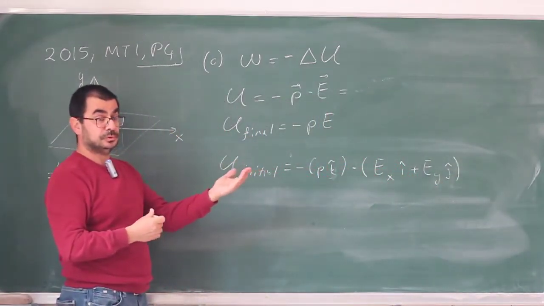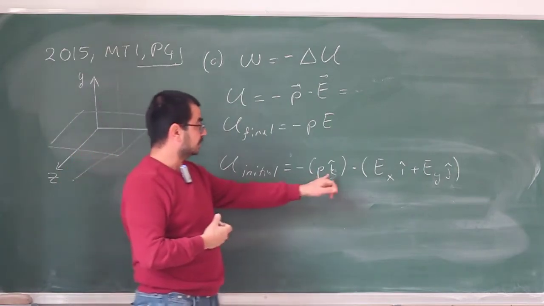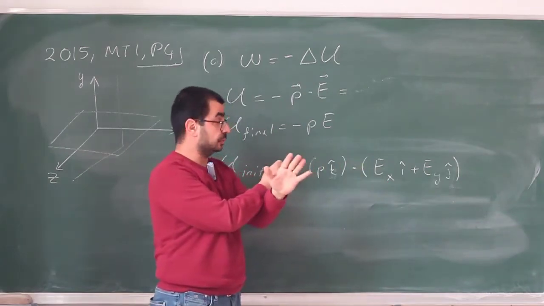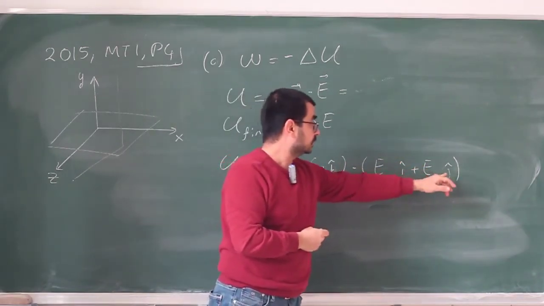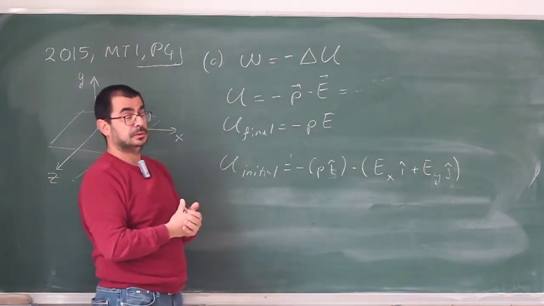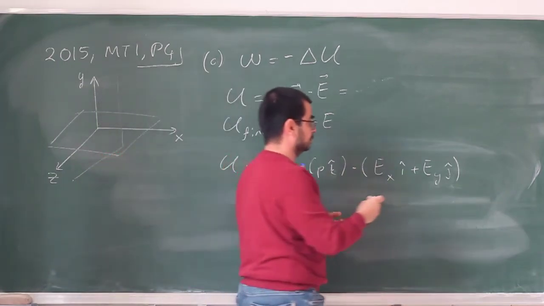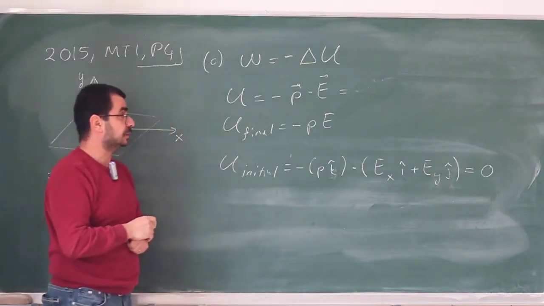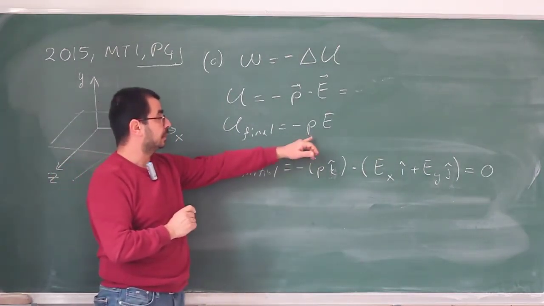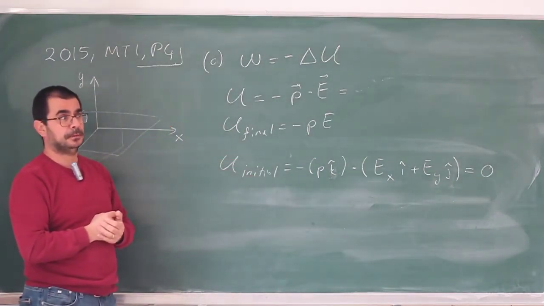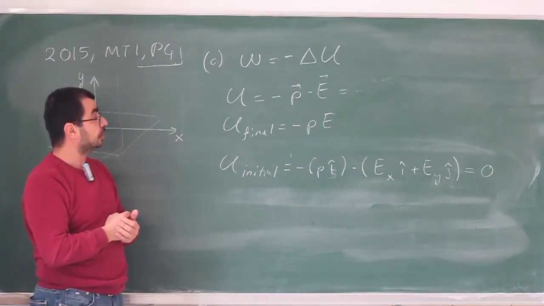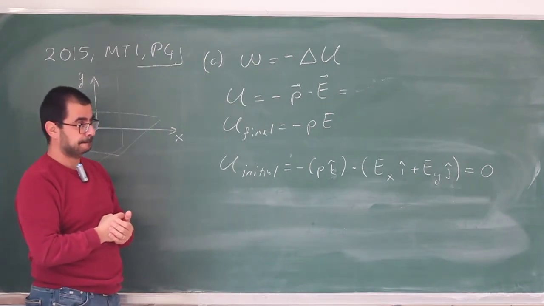And again, you can distribute the dot product over this, but k hat dot i hat is just going to be 0. They are two orthogonal vectors. k dot j hat is also going to be 0 because they are orthogonal vectors, so this is going to be 0. So the change in the potential energy is just going to be P times E, okay? Or minus P times E. So it's going to be a negative number, and the work done is going to be P times E.